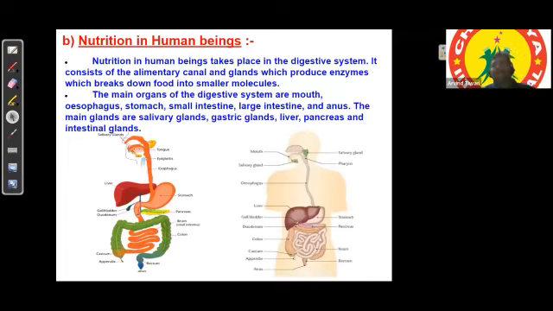Nutrition in human beings, this is what we were doing. So first of all, how many pairs of salivary glands do we have?